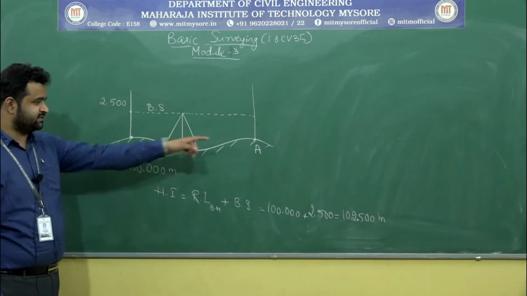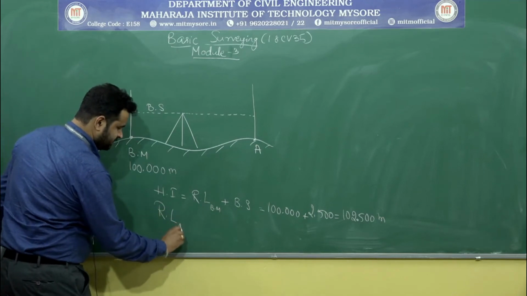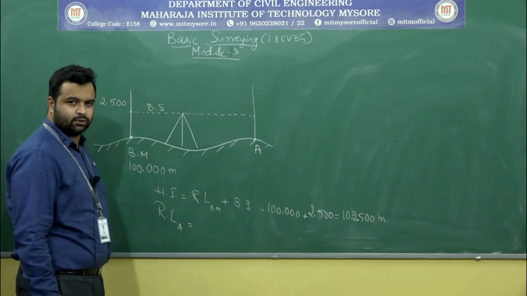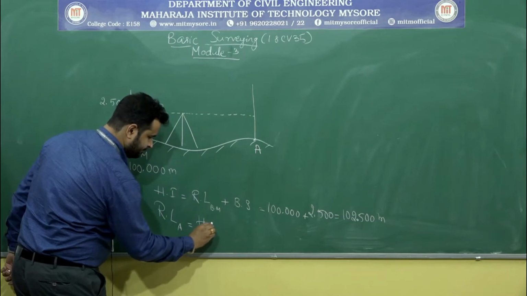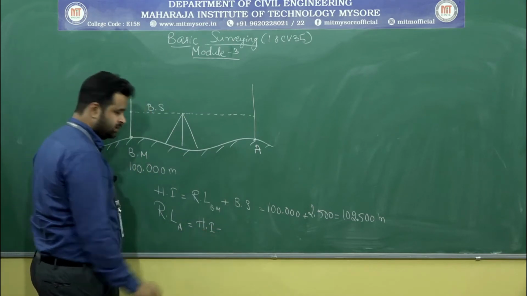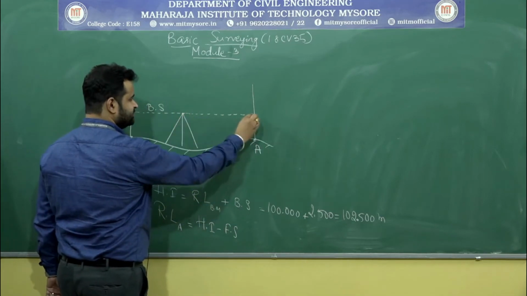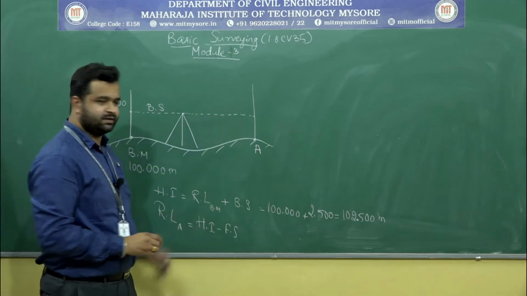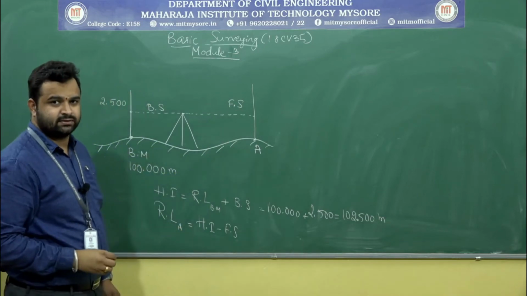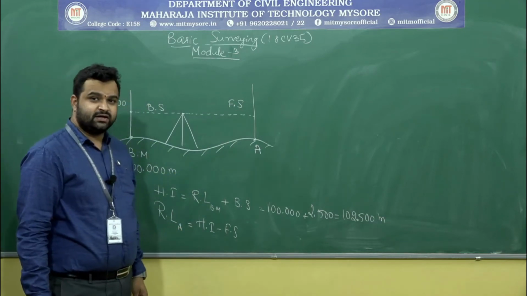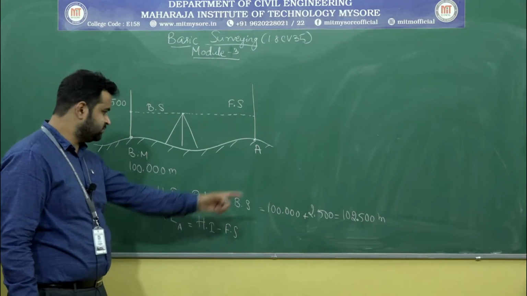Now, to calculate the elevation of the next point, which is point A, RL of A is equal to this height of instrument minus the foresight in this case. Whatever reading you take from this point to the staff kept at A is called the foresight, which is also the minus sight. You have to deduct that value. If you have an intermediate sight in between, then you should subtract that from this HI. So, HI is known now.